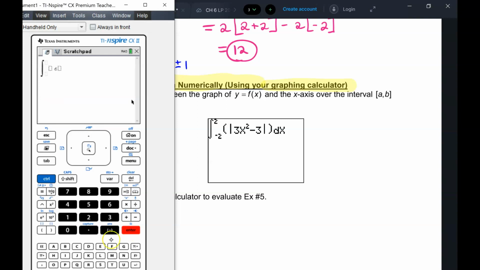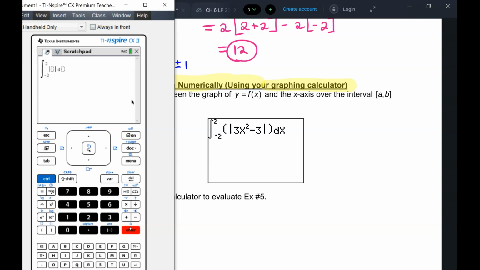So we want from -2 to 2. And how do we get absolute value? The same button. You can also go to menu, but it's a lot easier to use these little shortcuts here, right? And right above, I see the absolute value. So what that will do is what?